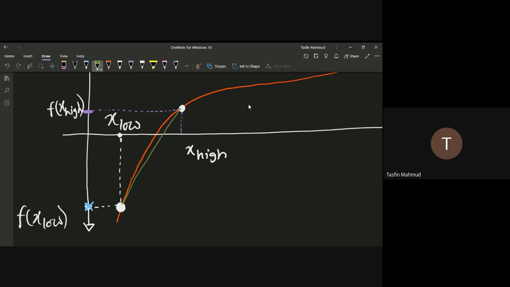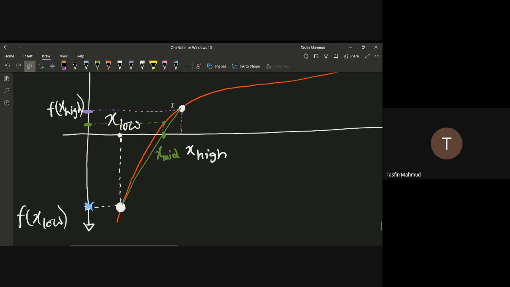Let's assume this is our straight line. So the intersecting point would be our new x mid, and we will check the function value once again. So this is the new function value, and we can see the f of x high is positive, and this x mid, f of x mid is also positive.